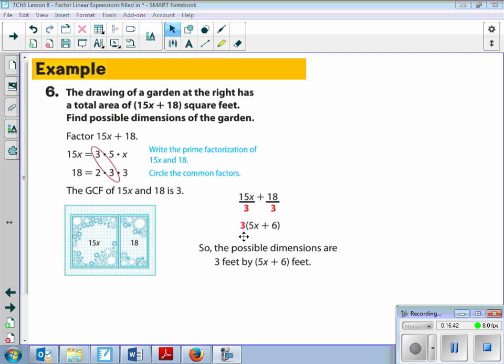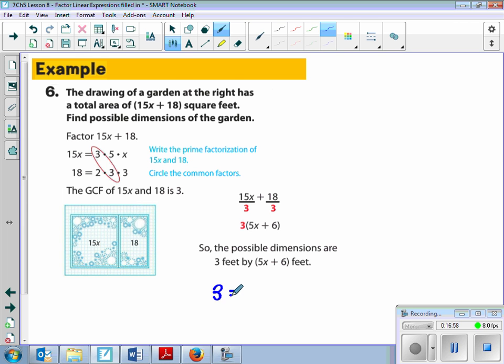So here we have 3 times the quantity 5x plus 6. That tells me that we could say that 3 is the length and 5x plus 6 is the width.